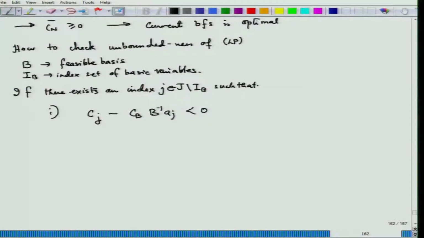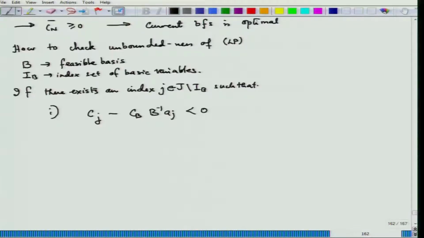That is, Cn bar cannot be greater than or equal to 0, because Cn bar greater than or equal to 0 means all its components are greater than or equal to 0, but if one of its components is strictly less than 0, it cannot be. So the current BFS cannot be optimal.